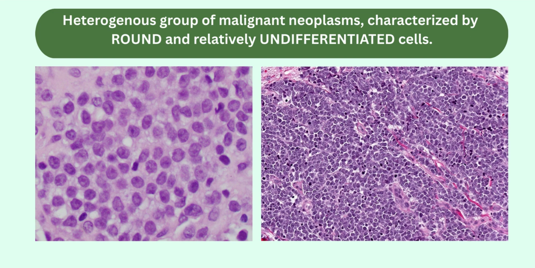These tumors usually exhibit scanty cytoplasm and densely stained hyperchromatic nuclei. This characteristic morphology helps them to group together even though they differ greatly in the origin and behavior.